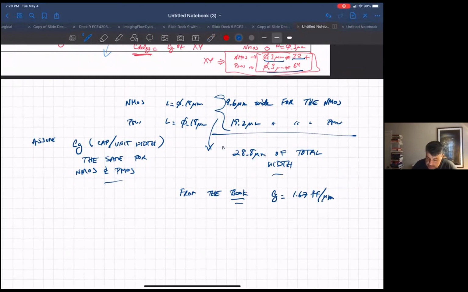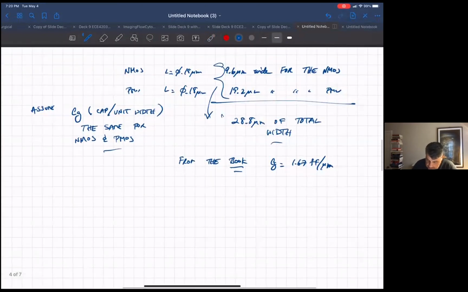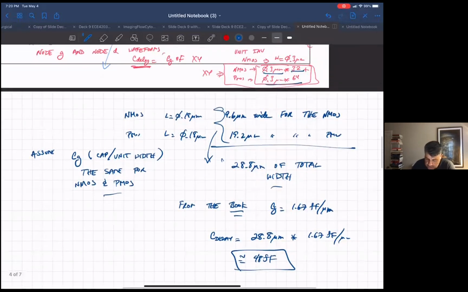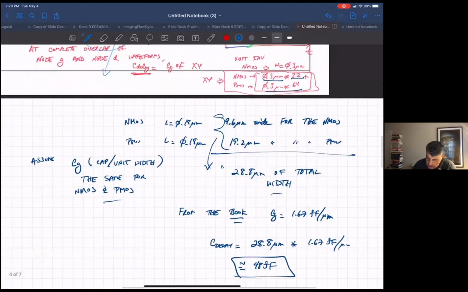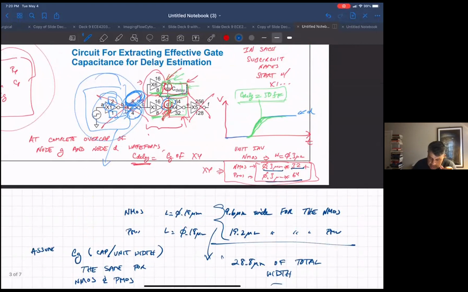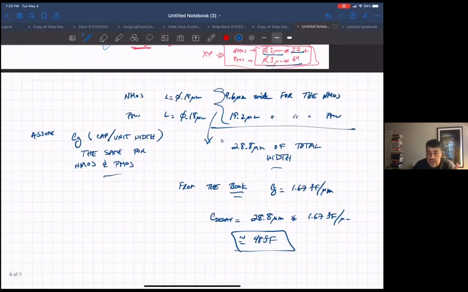My expectation for C delay is that it'll be around 28.8 microns times 1.67 femtofarads per micron, or around 48 femtofarads. If I got that, and assuming my calculations are right, once C delay gets to be 48 femtofarads, those things should be pretty well lined up.